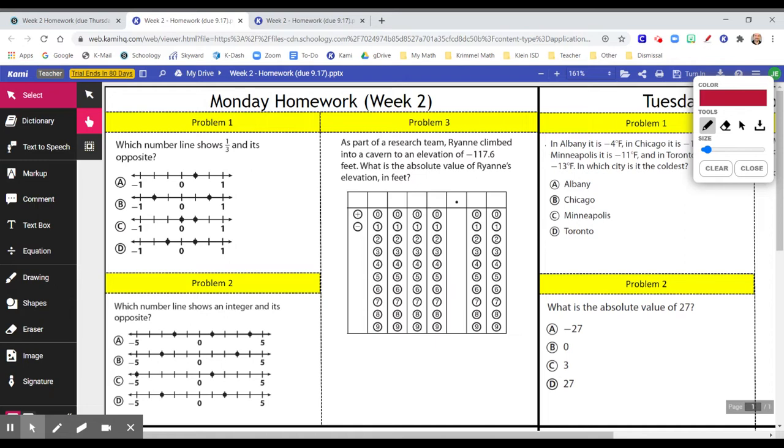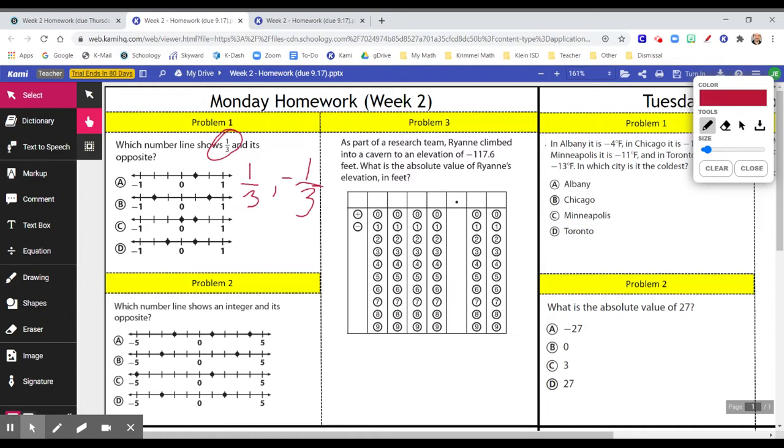So which number line shows 1/3 and its opposite? There's no negative sign out front, so we're going to assume that we have 1/3, and the opposite of a positive 1/3 would be a negative 1/3.